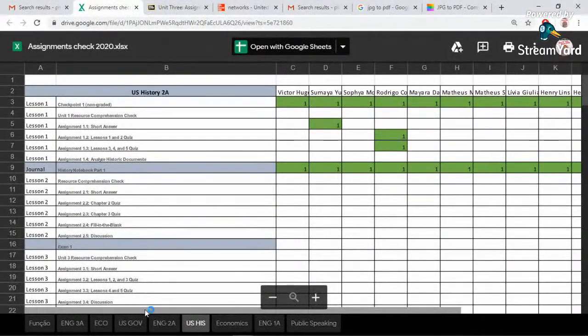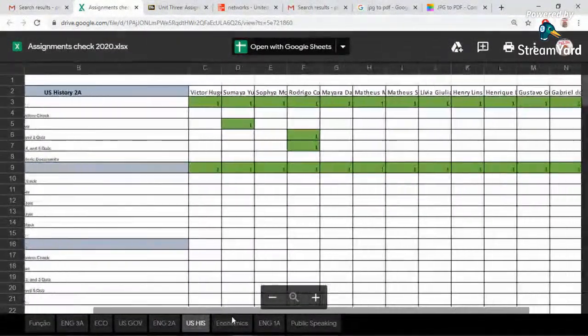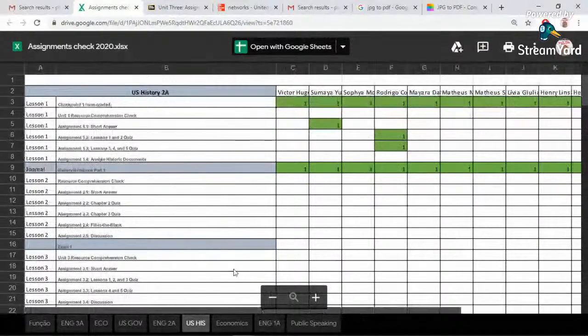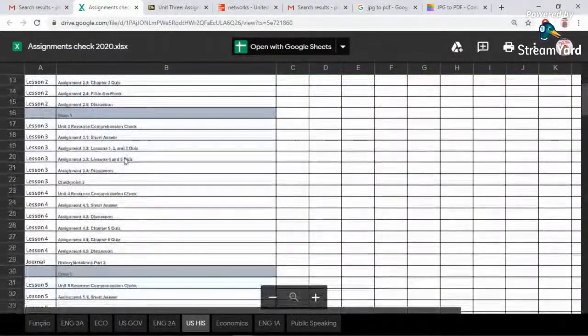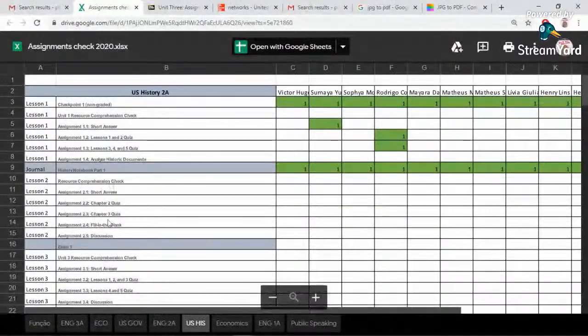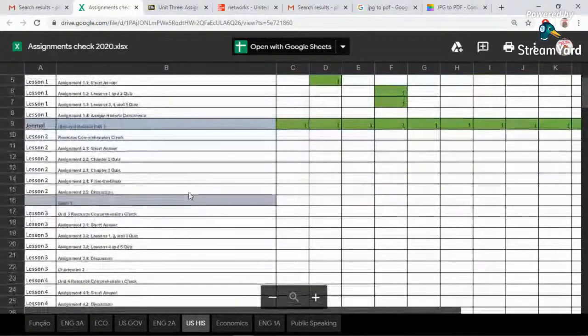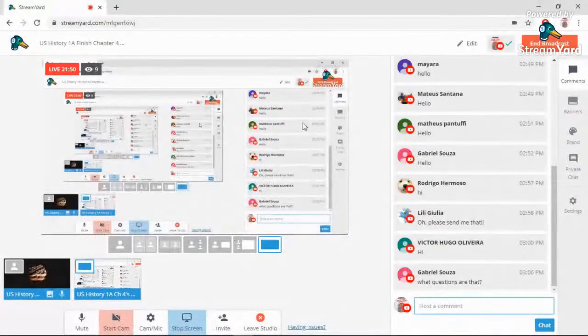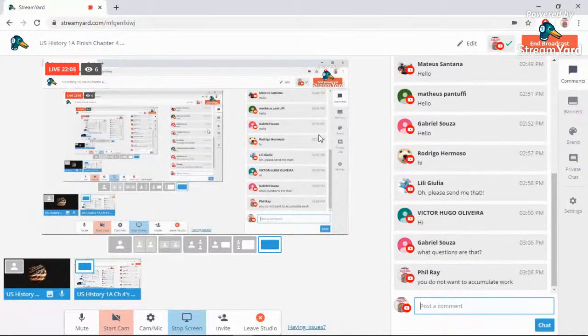Okay, lesson 1, it's not bad, but nobody did any of the quizzes except for Rodrigo and Sumaya. But when we get to lesson 2, lesson 3, which by the way are chapters, chapter 3, chapter 4, where is the work? Nobody is doing any work. So you have to do the work. Let's do it together while we are studying, so that it doesn't accumulate. You do not want to accumulate work. It is a lot.